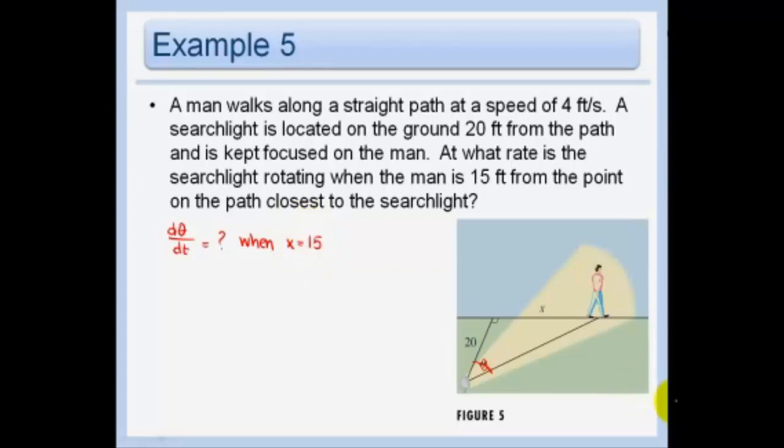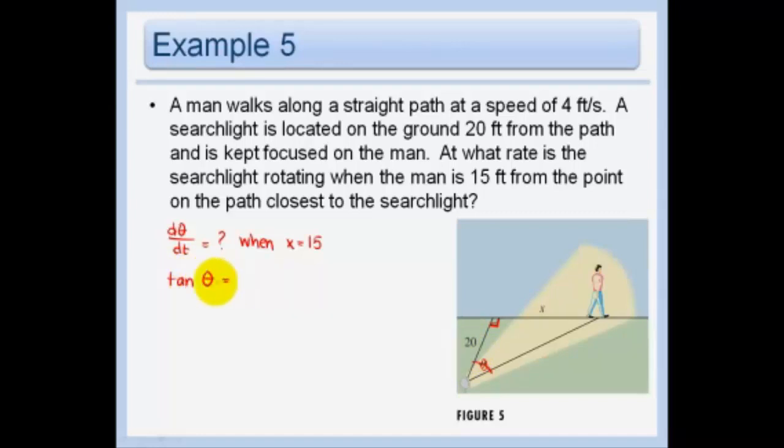Now, we need to find d theta/dt. We see that we have a right triangle here. What might we use? We have a theta, we have an opposite, we have an adjacent. Wouldn't it be a good idea to maybe use a tangent equation?